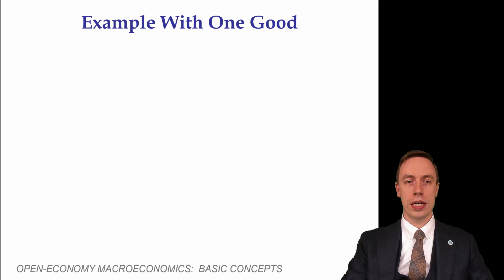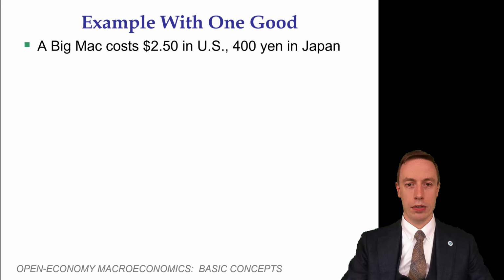Let's say we're talking about the price of a Big Mac, which, interestingly, is tracked by economists around the world, because it's a product that's very uniform and available in many countries. Let's say this Big Mac has a price of $2.50 in the United States, but 400 yen in Japan.